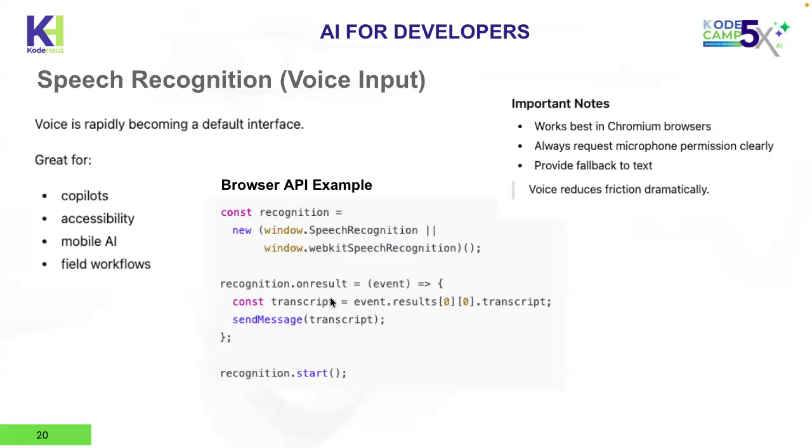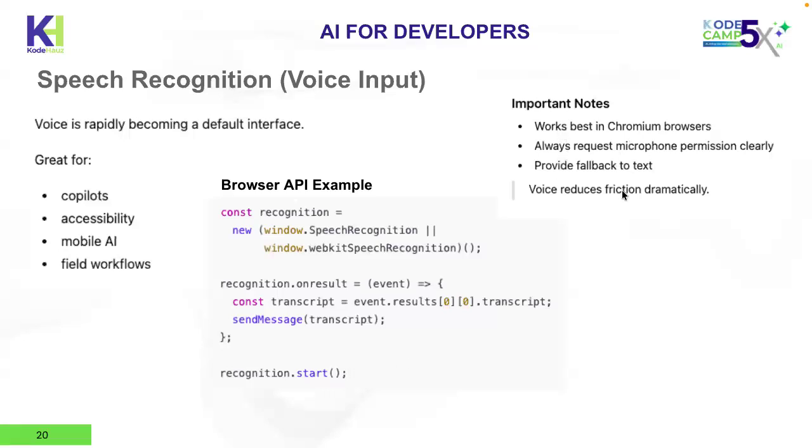That is the transcript in text format. So this transcript is actually the result of the speech recognition in text format. You can then take this text format and do anything you like. You can send it to a large language model that will then do something with that and then give you a response that you can then generate speech synthesis from. So we are actually going to try that shortly.